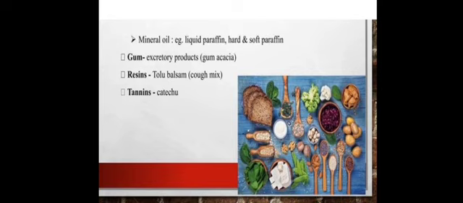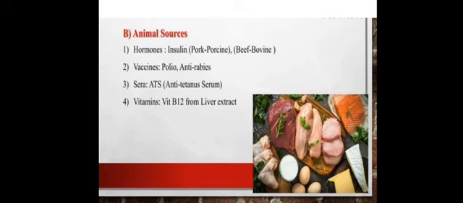Then other substances are gums, resins, tannins. Gums are excretory products, for example gum acacia. Resins, tolu balsam, which is used in cough mix. Then tannins, catechu. Second comes the animal sources. From animal sources, the drugs or chemicals that can be obtained are hormones, vaccines, sera, vitamins. Examples of hormones are insulin, from pork, porcine, or beef, bovine.